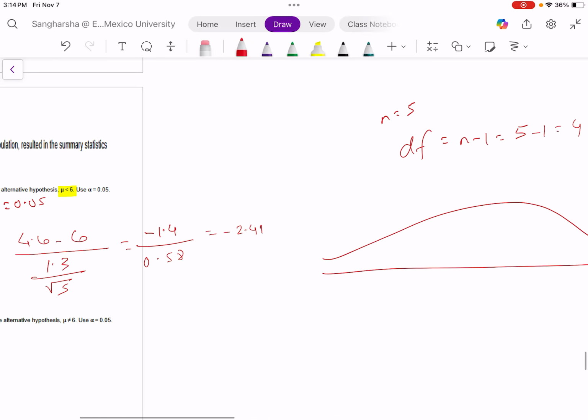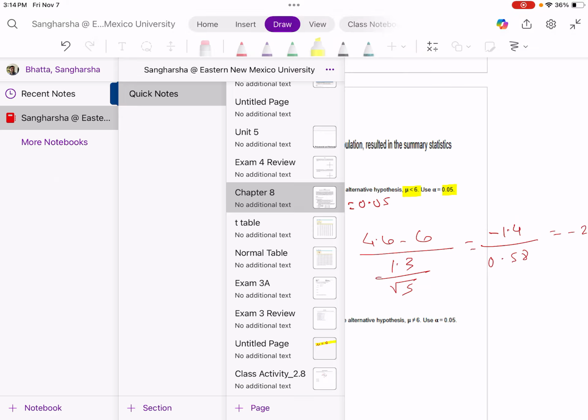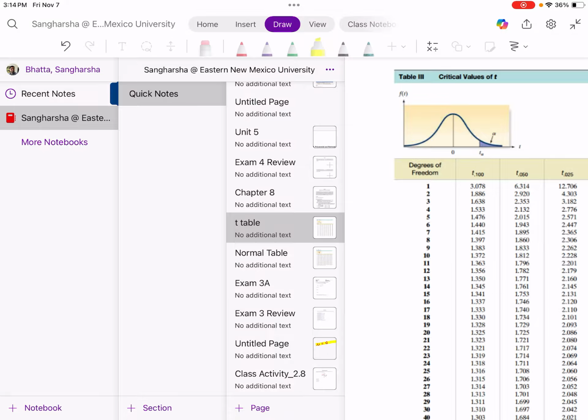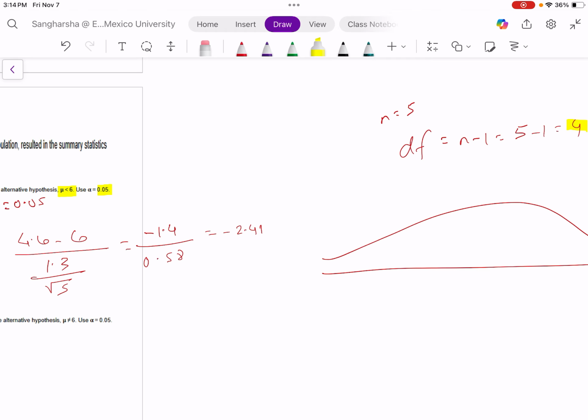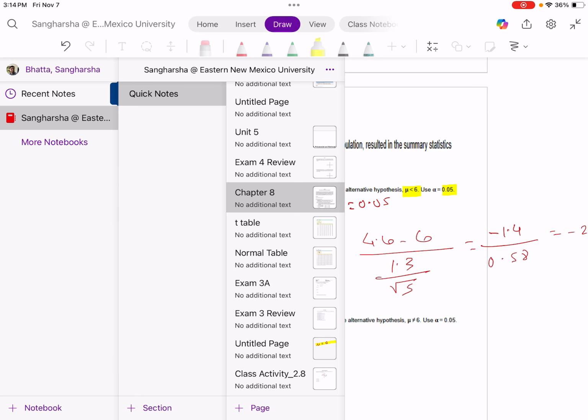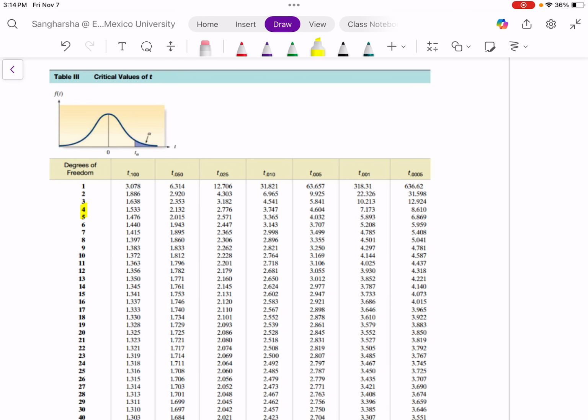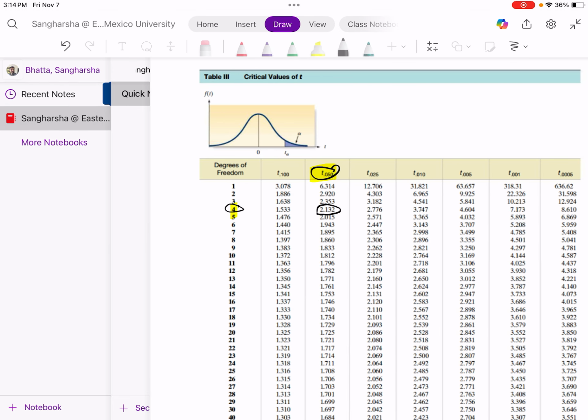Then let's find the critical t in our t table. Degree of freedom is 4 and alpha is 0.05, and the corresponding value is 2.132.